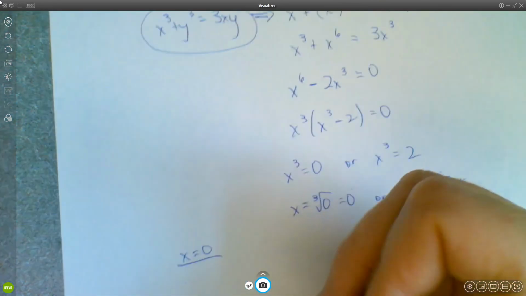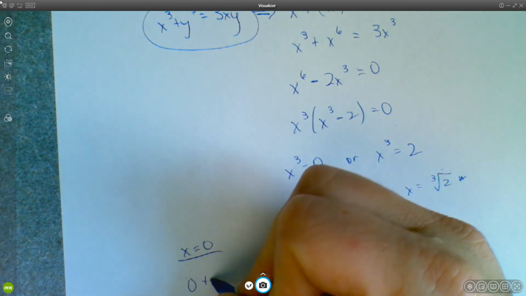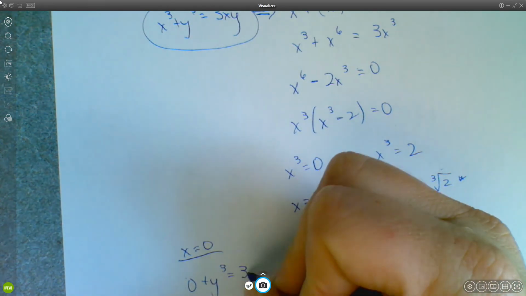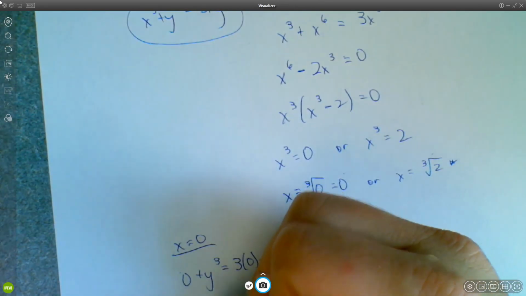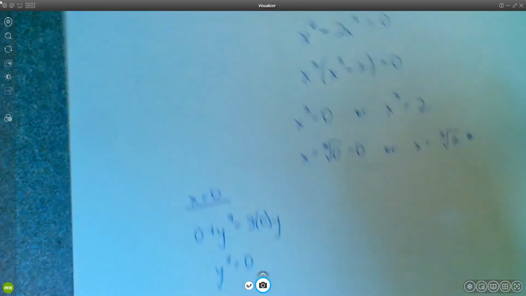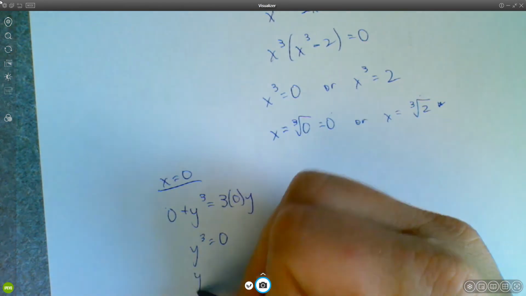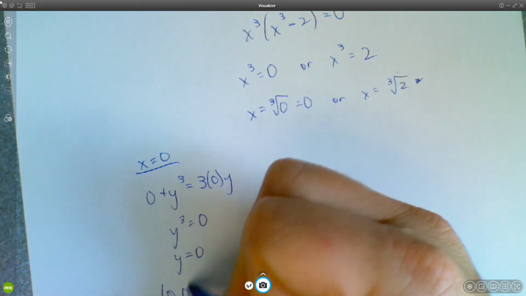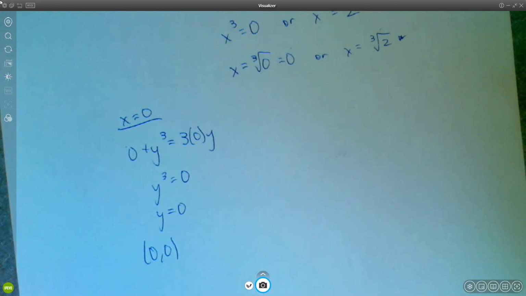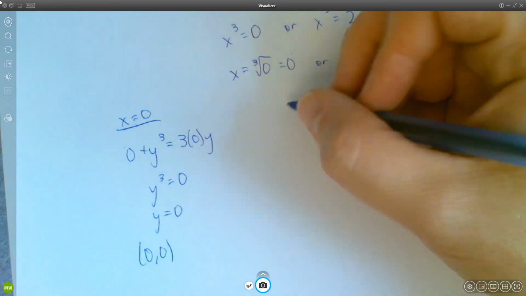So for x equals 0, we get 0 plus y cubed equals 3 times 0 times y. So in other words, y cubed equals 0, or in other words, y equals 0. So there's one point, right? So the point 0, 0 is one point on the folium where you get a horizontal line.